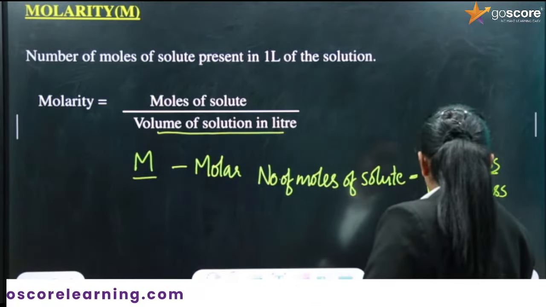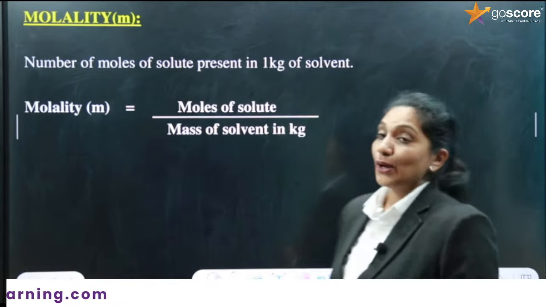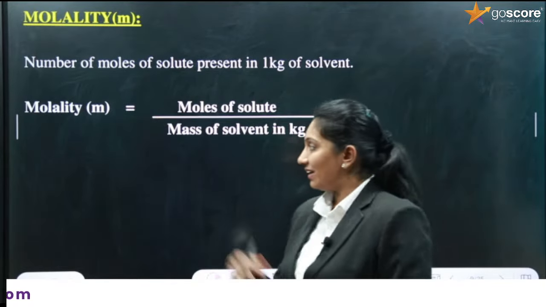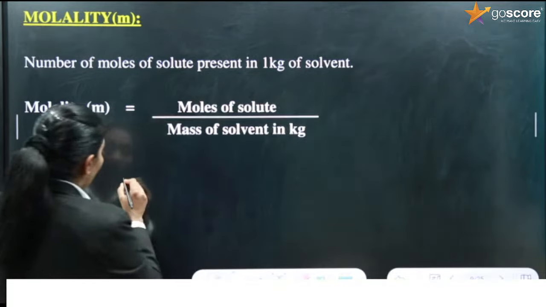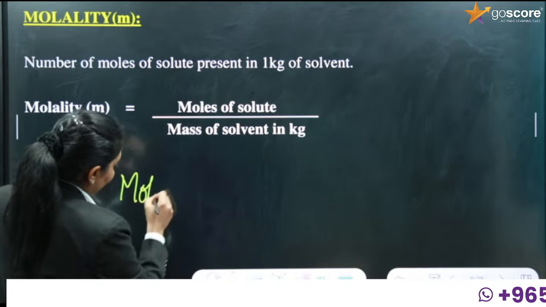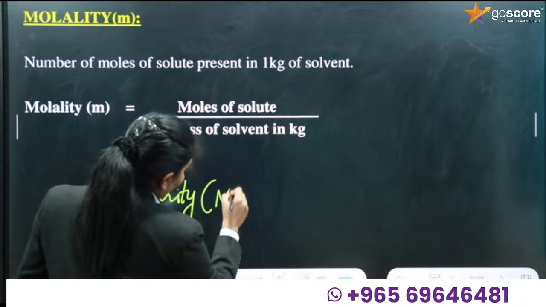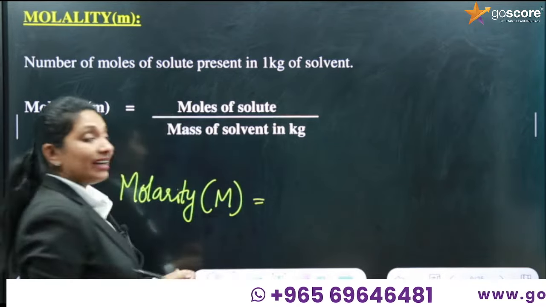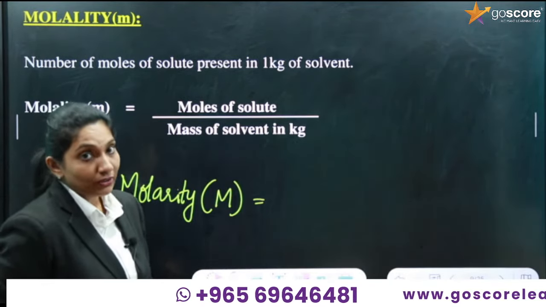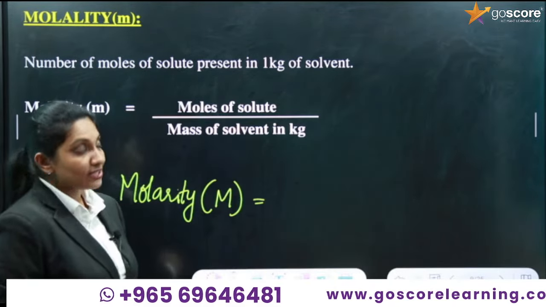Okay, now let's see the new term, that is molality. See, initially we discussed molarity, which is expressed by capital letter M and is the number of moles of solute present in 1 liter of the solution.